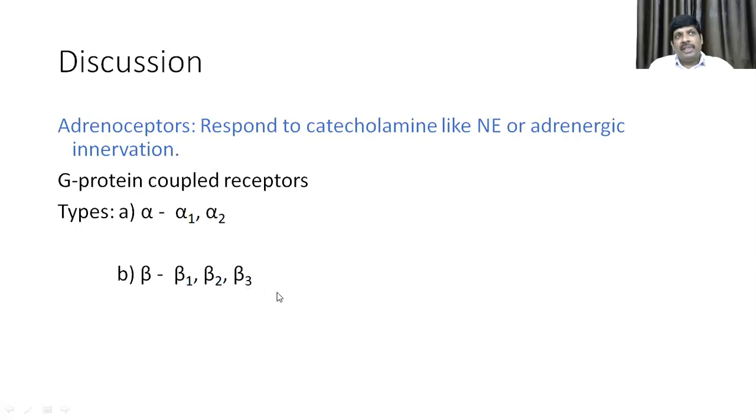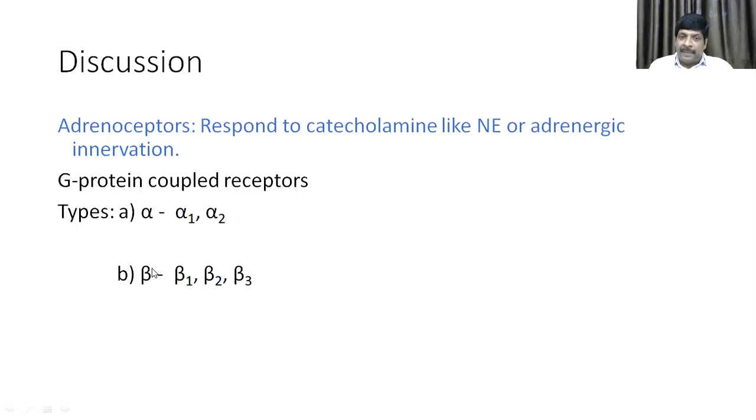Whenever I say that a particular drug or agonist acts on a particular receptor, that does not mean it will not bind to any other receptor of the same group. It will bind, but the effect will be mainly due to binding with the main receptors.